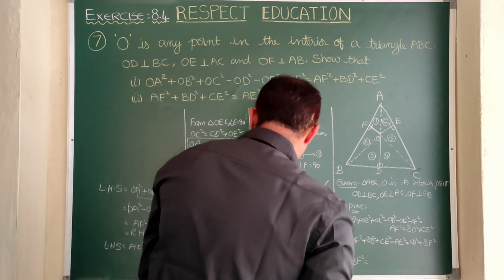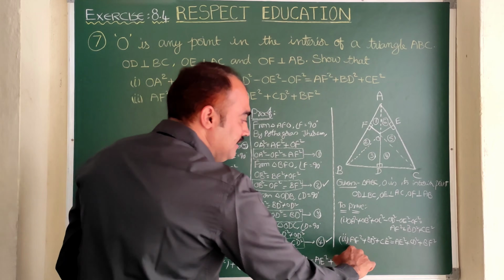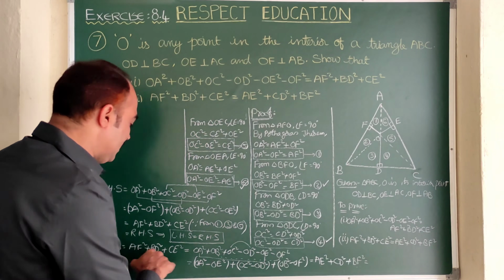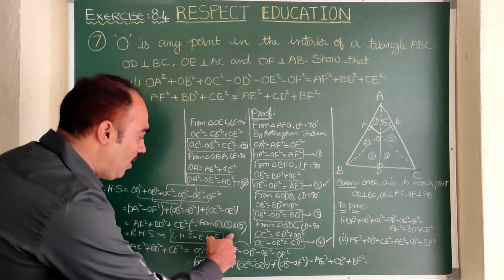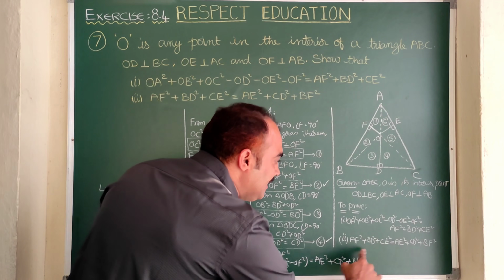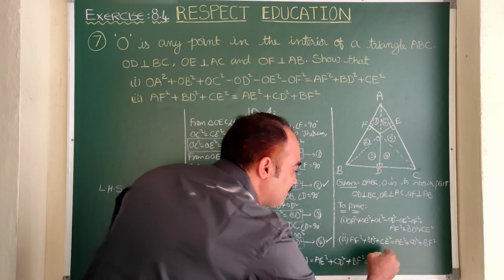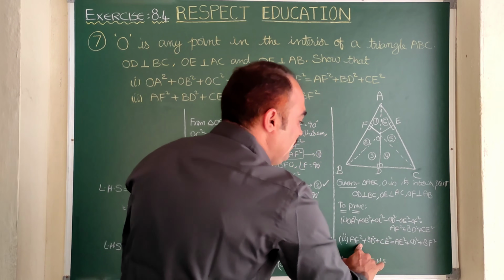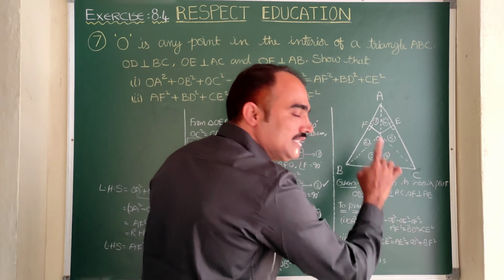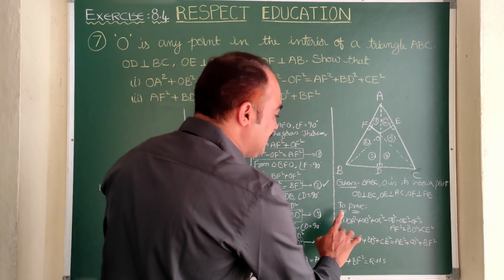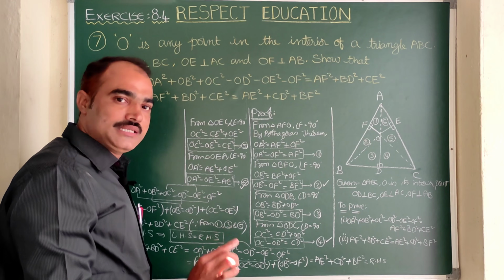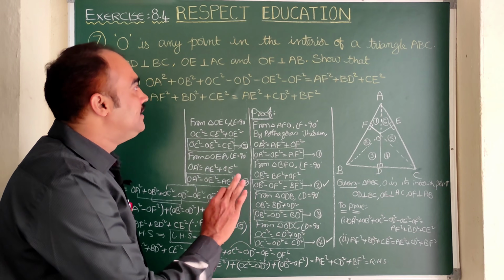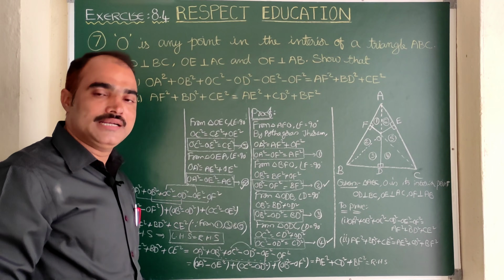Here you see, observe carefully, this AF square plus BD square plus CE square, on simplification, we got AE square plus CD square plus BF square. Isn't it RHS? So here, if we take LHS, we got the RHS for the second bit also. So with this the second bit also gets completed, and this is how this problem 7th one gets completed.